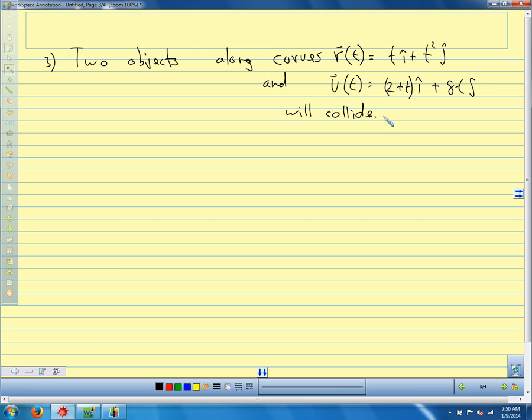I'm saying that these two objects will collide. We want to know, is that true or false?